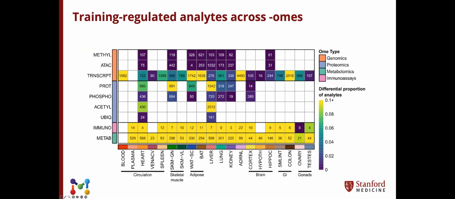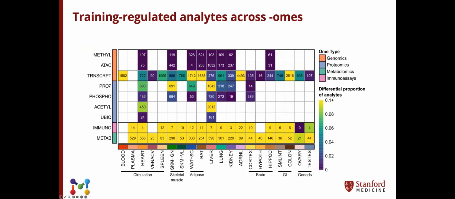At the top here, we see the 2 epigenomic assays. We've looked at the methylome, DNA methylation modifications, and ATAC-seq for chromatin accessibility. This was run on 8 different tissues. You can see here the transcriptomics that we just saw, and then we have the protein and protein modification assays.